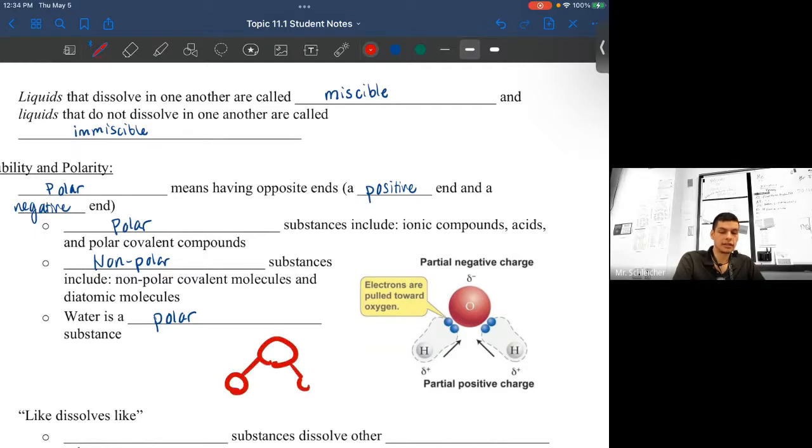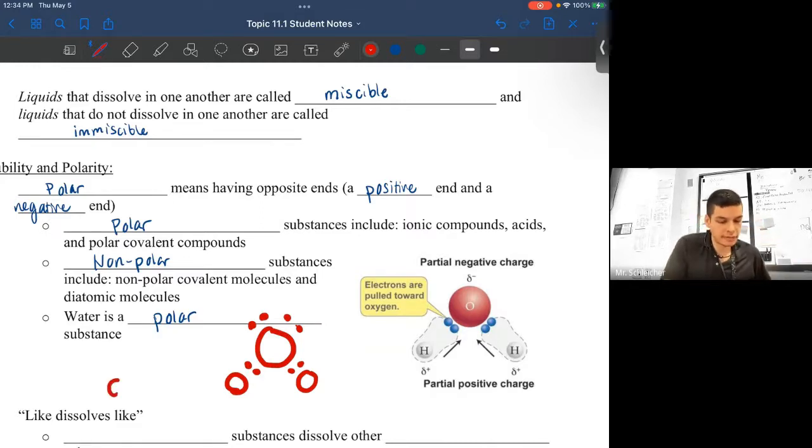You might see it drawn like this, where it has shared pairs of electrons, going back to our Lewis dot structures. And lots of times a water molecule might even be displayed like this, just three circles, where the big circle is the oxygen, and the little circles are hydrogens.